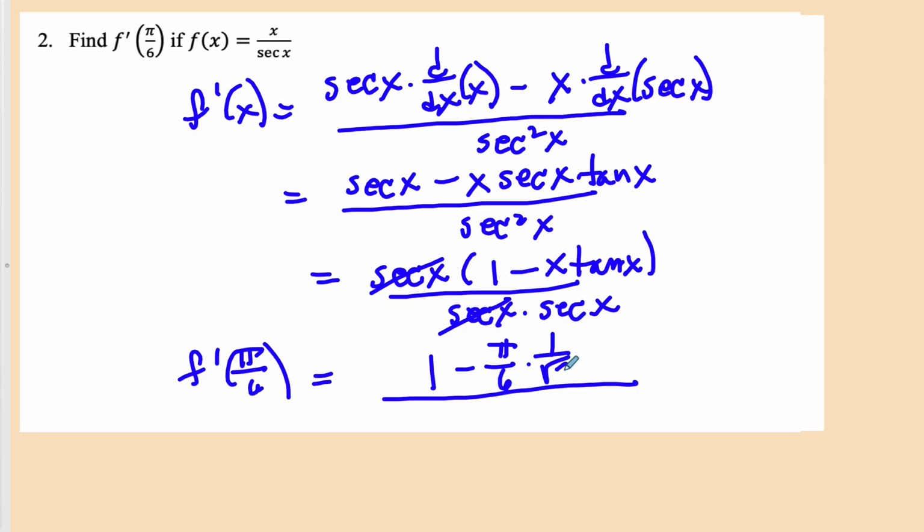You're allowed to keep that root 3 in the denominator. And then the secant of pi over 6 is the reciprocal of cosine of pi over 6. So that'll be 2 over root 3. And you can just leave it that way. You don't have to simplify. It's okay the way it looks.